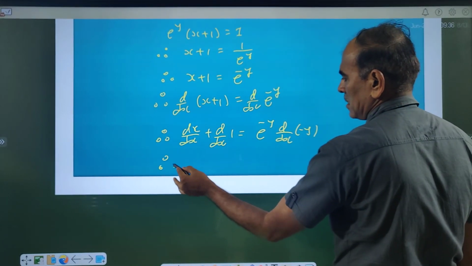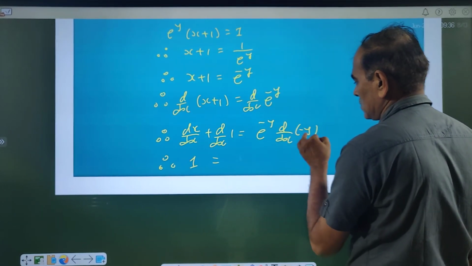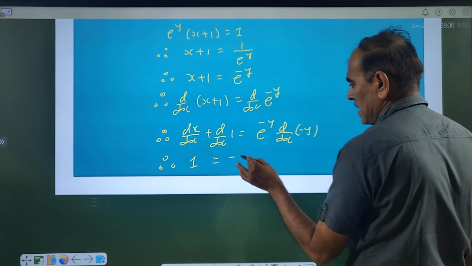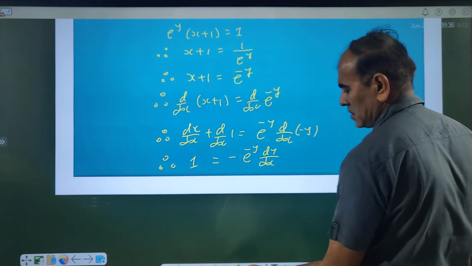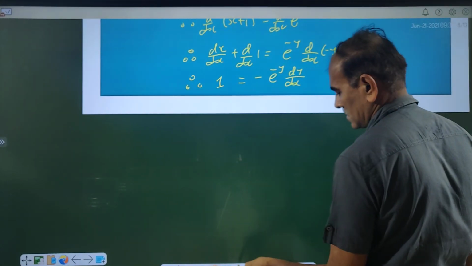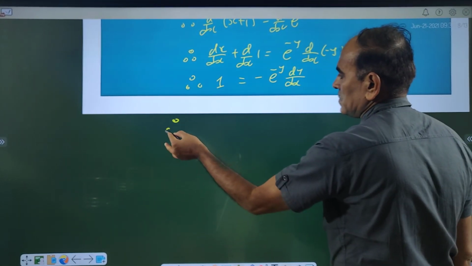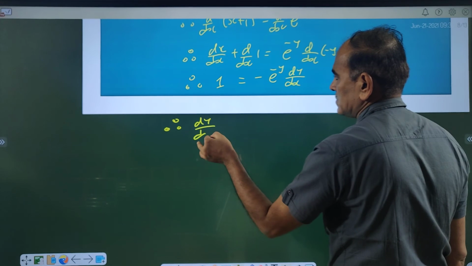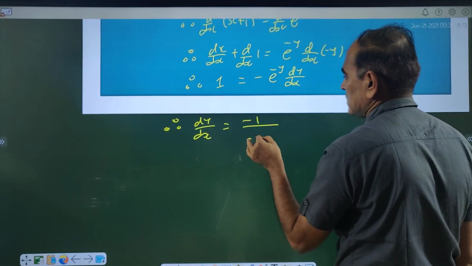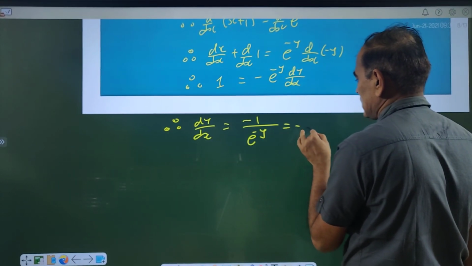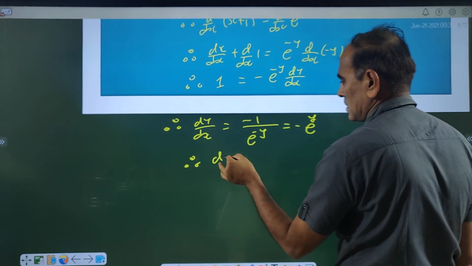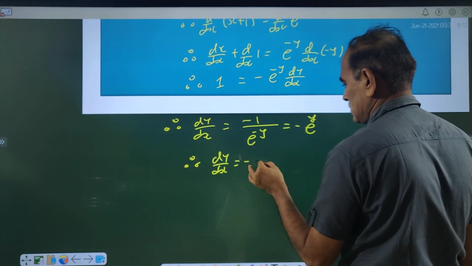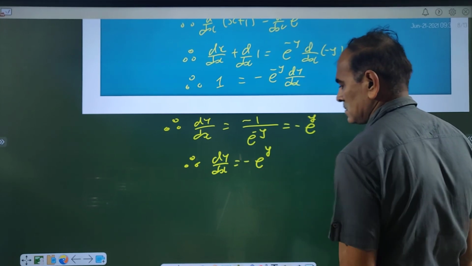So here you get 1 is equal to minus e raised to minus y into dy by dx. So please tell me what is dy by dx? Minus 1 upon e raised to minus y, that is minus e raised to y. dy by dx is equal to minus e raised to y.